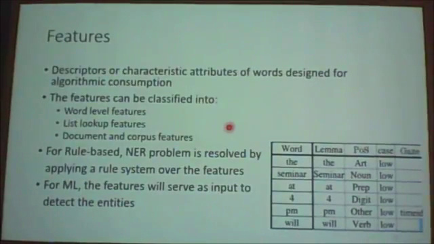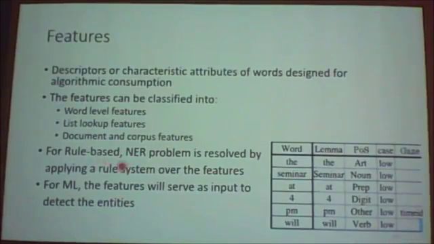Usually we only concentrate on word level features, which look at capitalization and format, how names are written, like Jr. or dots, and how digits are written.